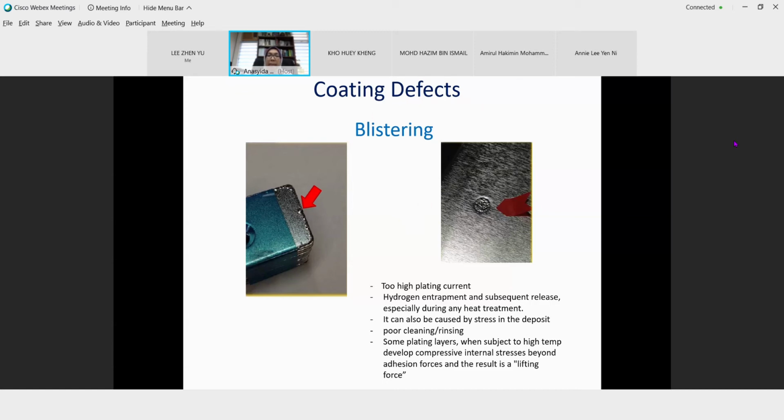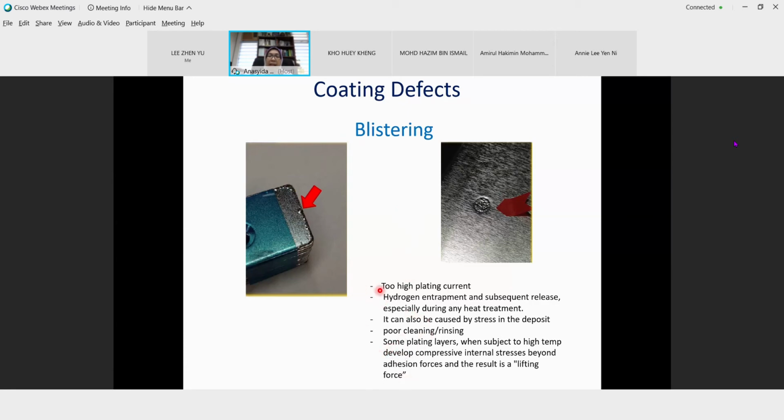So this is an example of defects that can be seen in electroplating. You can see blistering here, the blister part, right? It might have many factors.